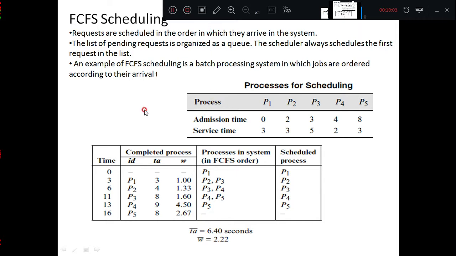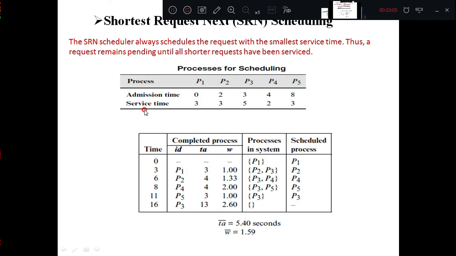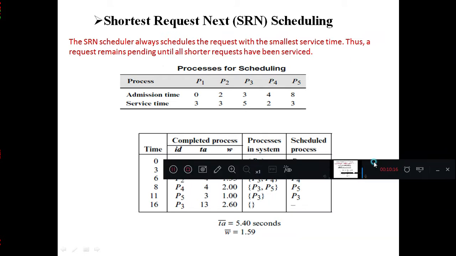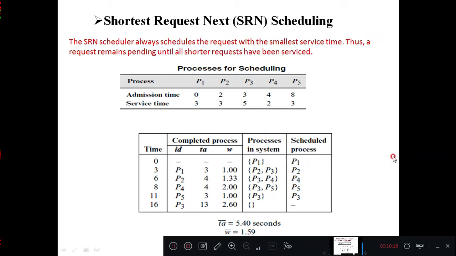So moving to the next slide, we are going to discuss the second non-preemptive scheduling policy, which is called shortest request next. As the name itself tells, it is going to check which process has a lower service time, and depending on that, the process is scheduled. The operating system is not going to schedule the processes on a first come first served basis.